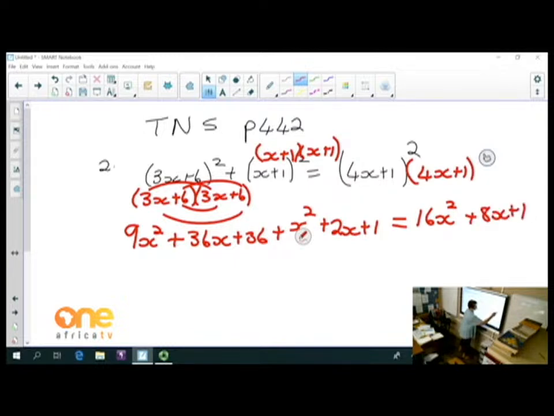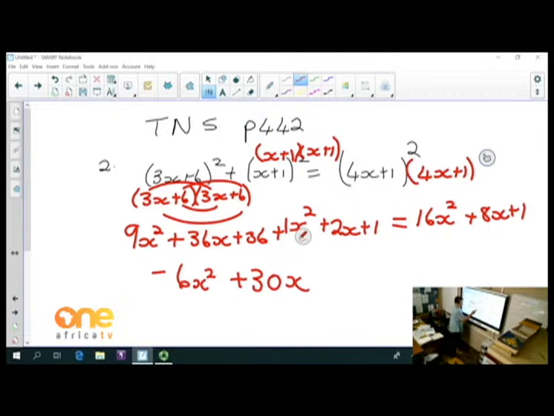So now we collect them all on the one side. 9 plus this 1 is 10x squared. If I bring that one over, it's negative 6x squared. Here, 36 plus 2 is 38. If I bring this one over, change the sign, 38 minus 8 is then plus 30x.